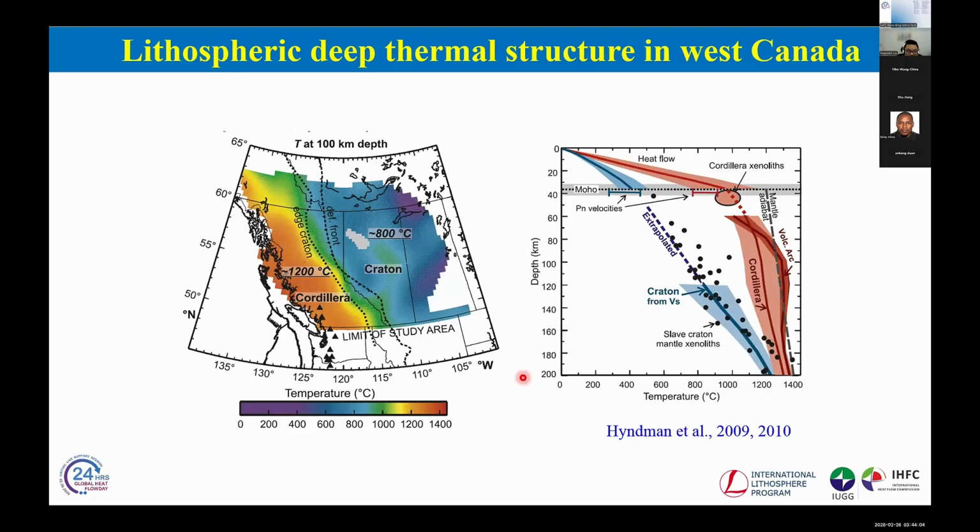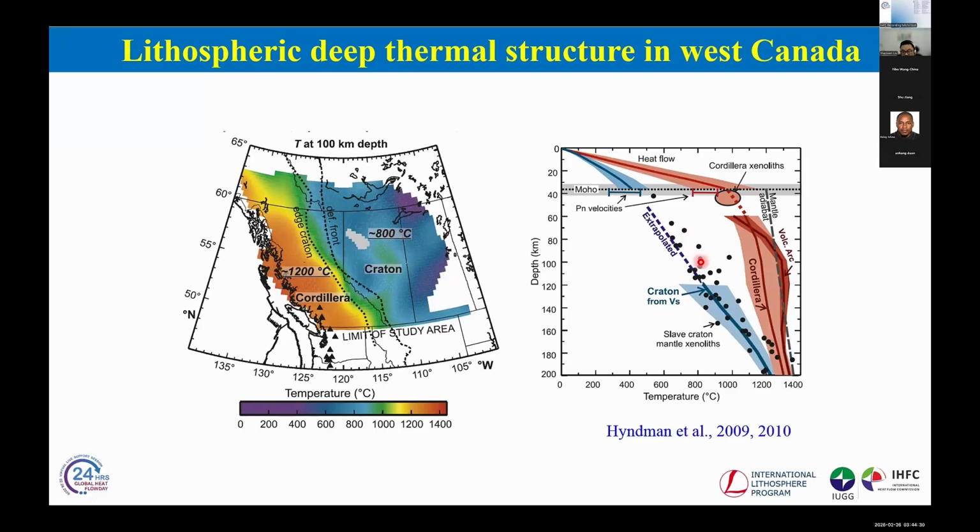This is the deep thermal structure proposed by Professor Roy Hyndman at the Geological Survey of Canada. As we can see, for the western coast area, this is the Cordillera area, the temperature is quite high, more than 1200 degrees Celsius, while for the craton the temperature is about 800.